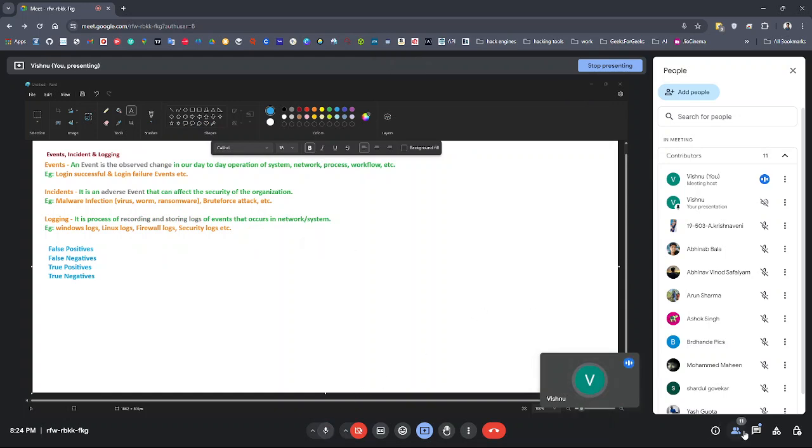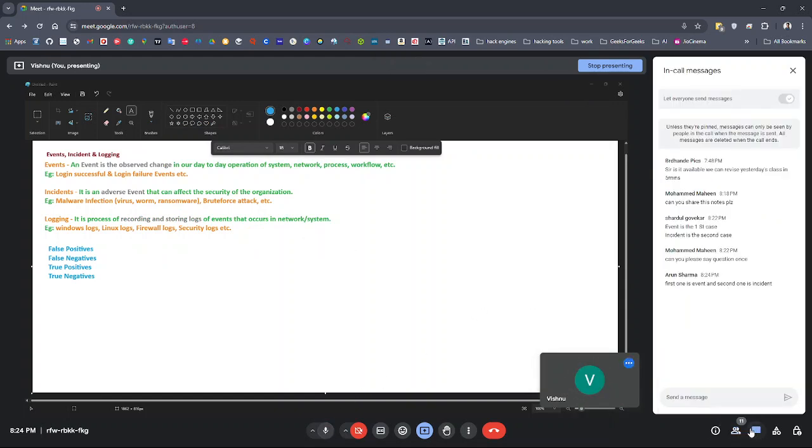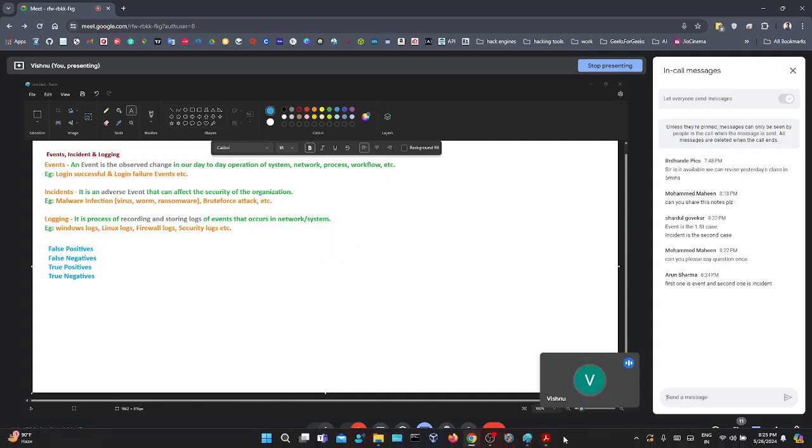Okay, so tell me, if you got that the first one is an event, yes sir. So in both scenarios there are some alerts, but when you go into the kitchen and see a cat, that cat is not affecting your house or you, so that is called an event. But in the second scenario, the robber will affect you and your home, that's why it's called an incident, an adverse event.